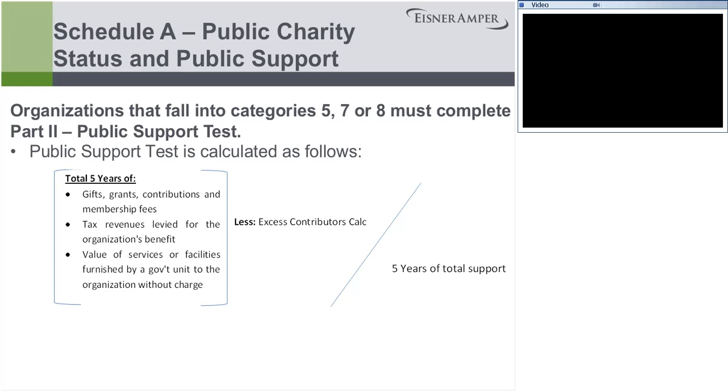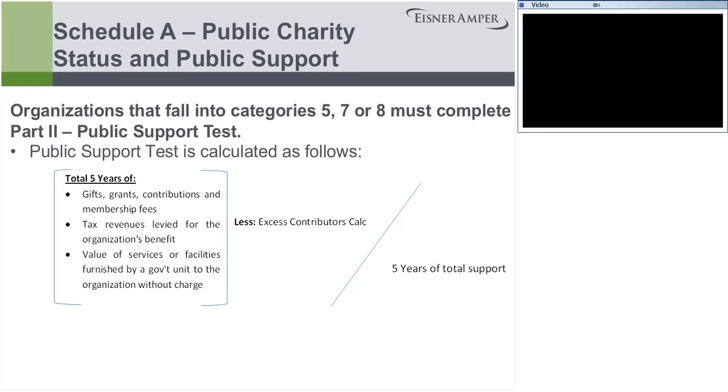So we discussed that in order to do the test, one of the things you're looking for is the excess contributors. So you're looking at a 5-year average, and you're going to aggregate the contributions over 5 years, and see who would have given more than 2% of the number that you calculate.